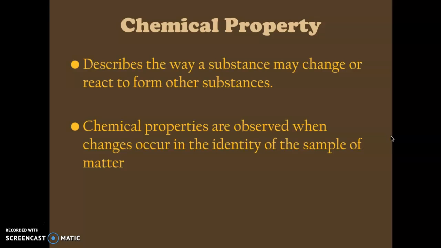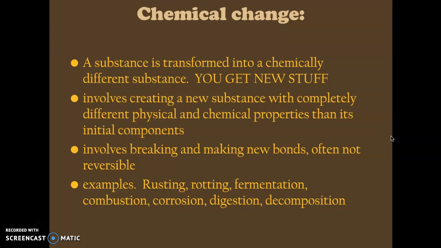It's how something behaves in a chemical reaction, and the way you observe it is you actually put them in a reaction. The next definition is chemical changes. Now, I have a highly technical phrase for a chemical change. It's in bold. You get new stuff. Or it's in all caps. You get new stuff, meaning that you've got new chemical substances being produced.